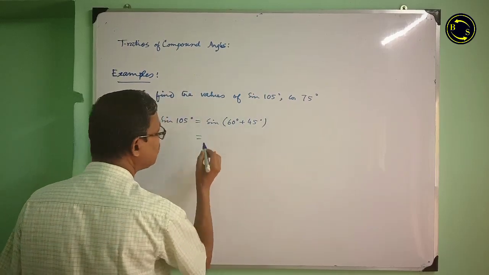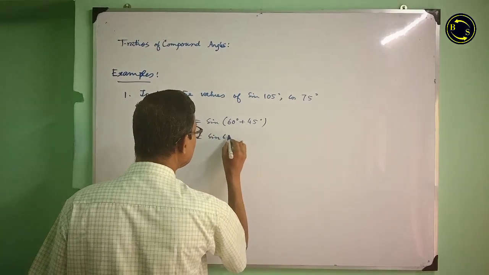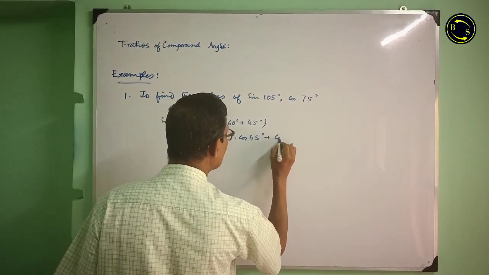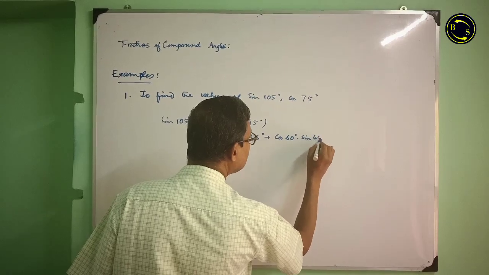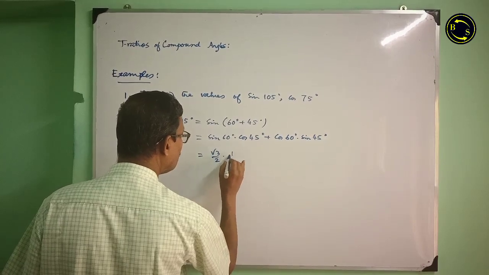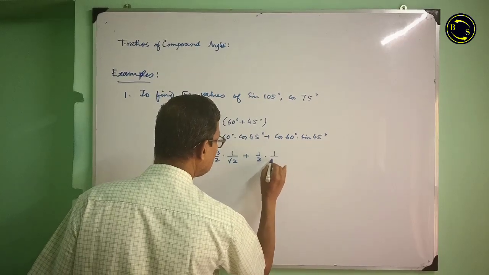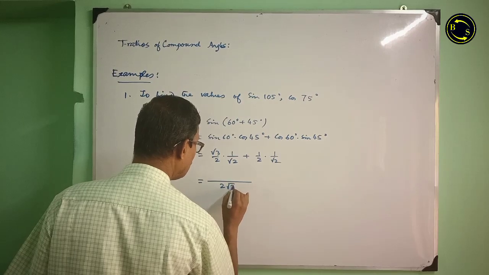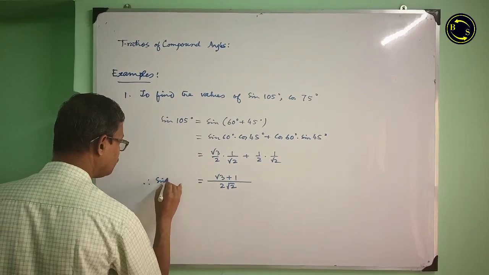And as per identity we have learned, this is equal to sin 60 degree cos 45 degree plus cos 60 degree sin 45 degree. Now put the values: root 3 by 2, 1 by root 2 plus half, 1 by root 2. After simplification, it will be root 3 plus 1 by 2 root 2. Therefore, sin 105 degree.